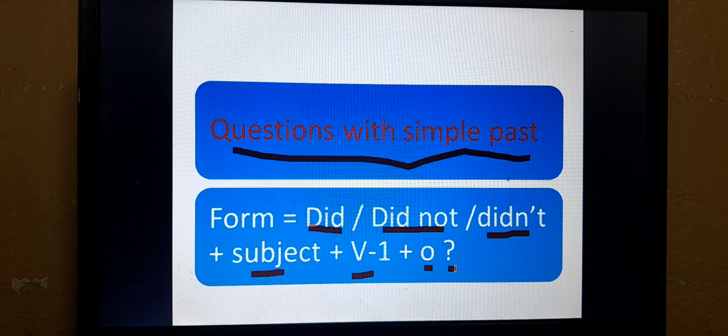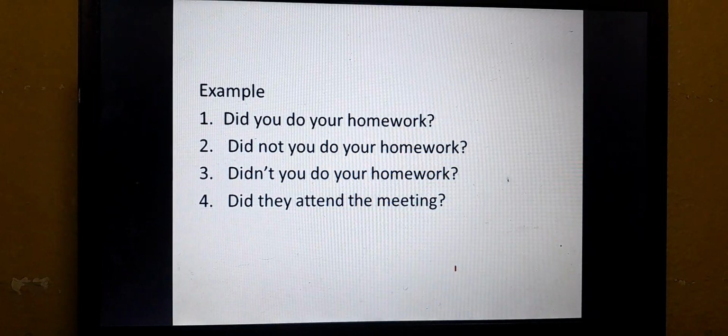I hope that this structure is very helpful, and you should do your own examples related to simple past to form questions based on the structure presented here for you, right? Now let me try to see the examples presented here from number 1 up to number 4.